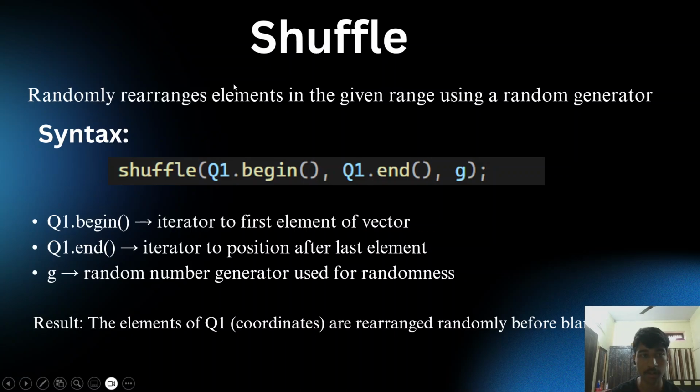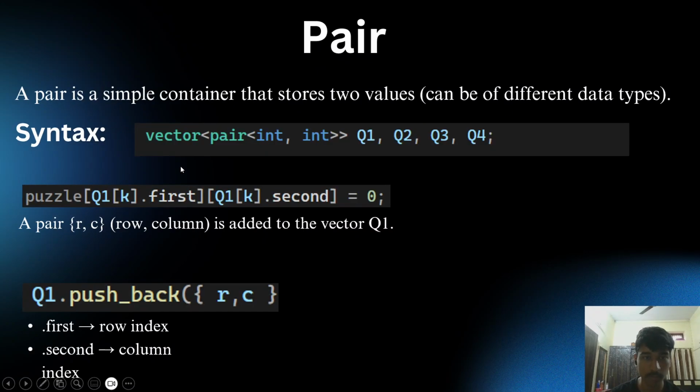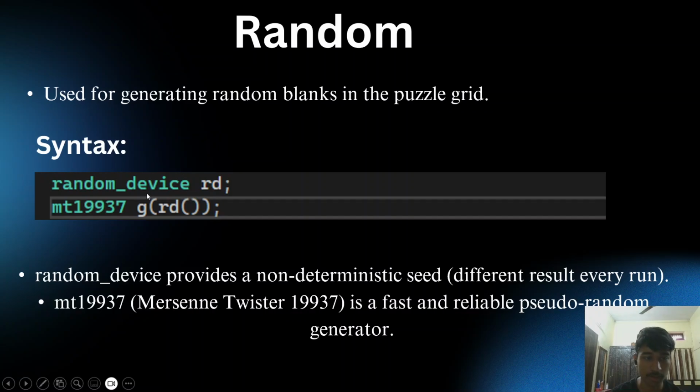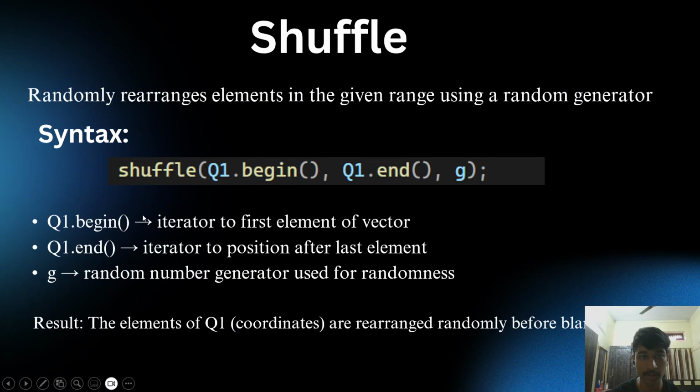The shuffle. Now, shuffle was very useful for me in this project. It will randomly rearrange elements in the given range using the random generator, which is G as I earlier defined. Here, this G has been defined. And now, the syntax here is Q1.begin.